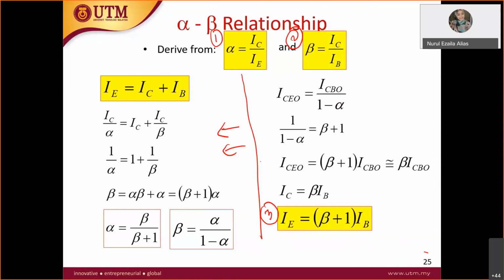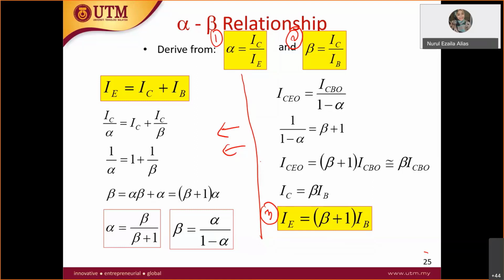IB is very, very small because the base is lightly doped in a BJT. Therefore it has a very low concentration, and we expect that when it has a low concentration, the current produced is also very, very low.